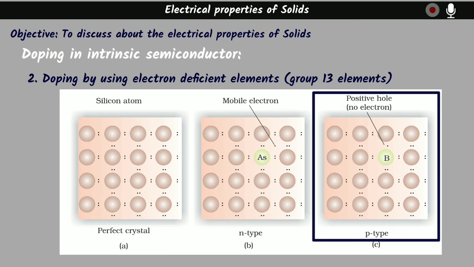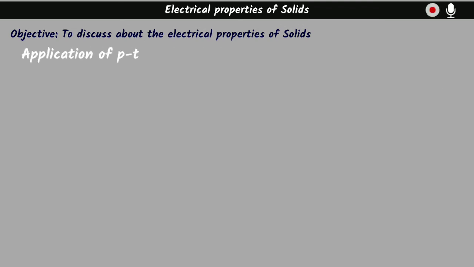Since the movement of this positively charged hole enhances the electrical conductivity of the semiconductor, this type of semiconductor is also known as a positive type semiconductor, or p-type semiconductor.